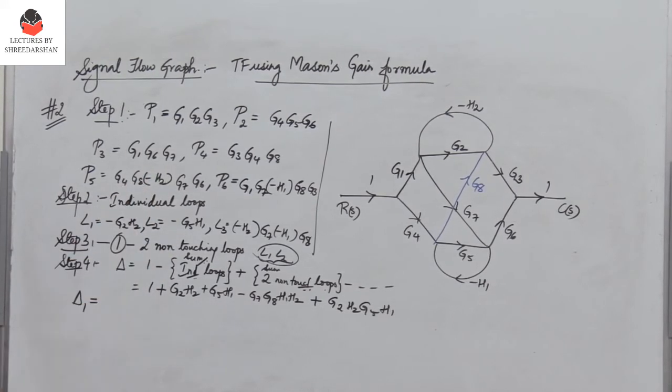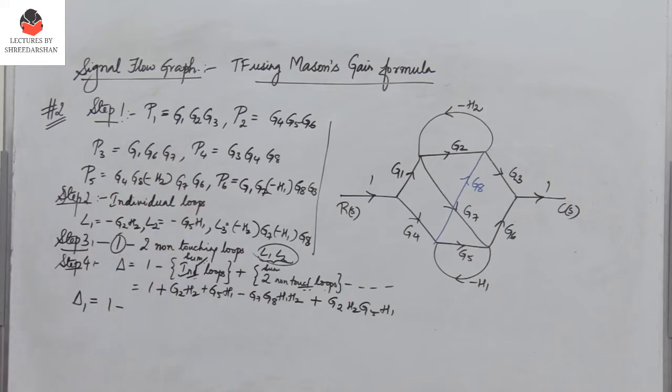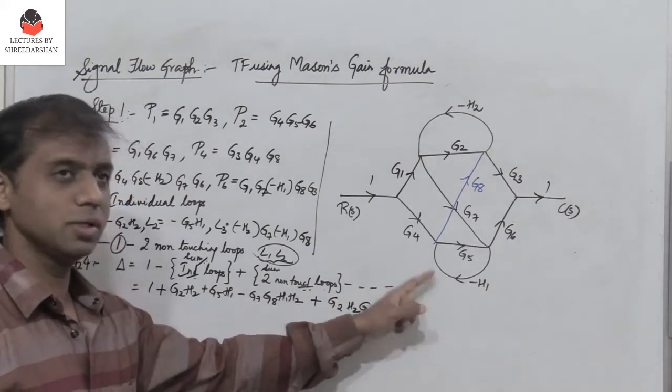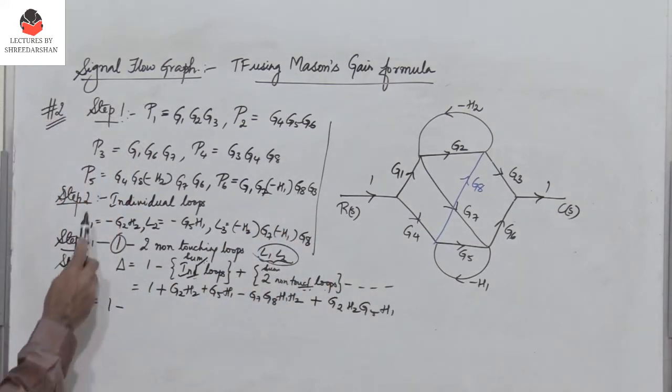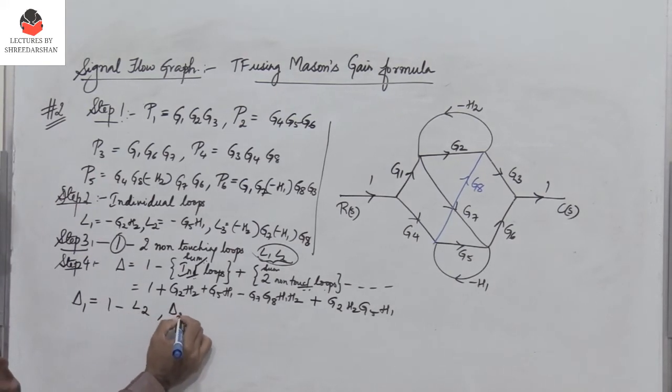After this we need to identify delta 1 to delta 6. Let me begin with delta 1. What is delta 1? 1 minus all the loops which are not connected to the forward path P1. I find that L2 is not connected to the path P1. So I have 1 minus L2. Next, delta 2 is 1 minus.